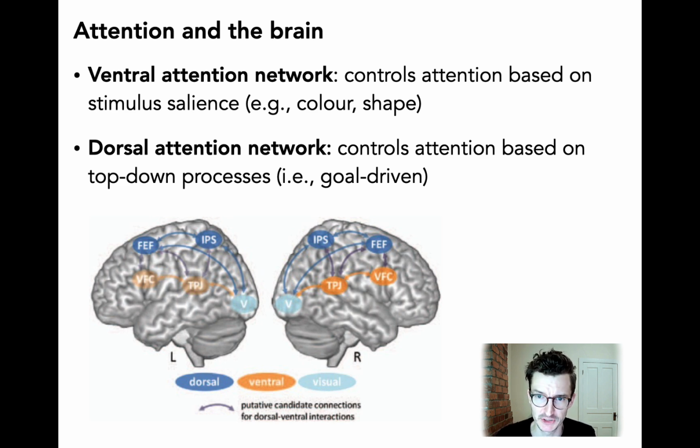So shifts in attention driven by the salience of stimuli in our world, driven by bottom-up information. The dorsal attentional network seems to be driven more by top-down information, so prior knowledge. So neglect patients suggest that attention plays a role in bringing sensory information to perceptual awareness.